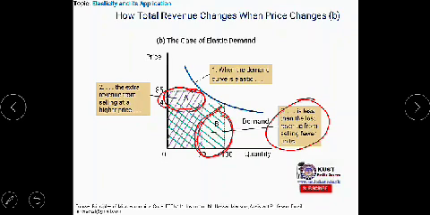So as a conclusion, we can say that the firm can use the concept of elasticity of demand in order to decide about the total revenues which will happen for them after the change in the price.